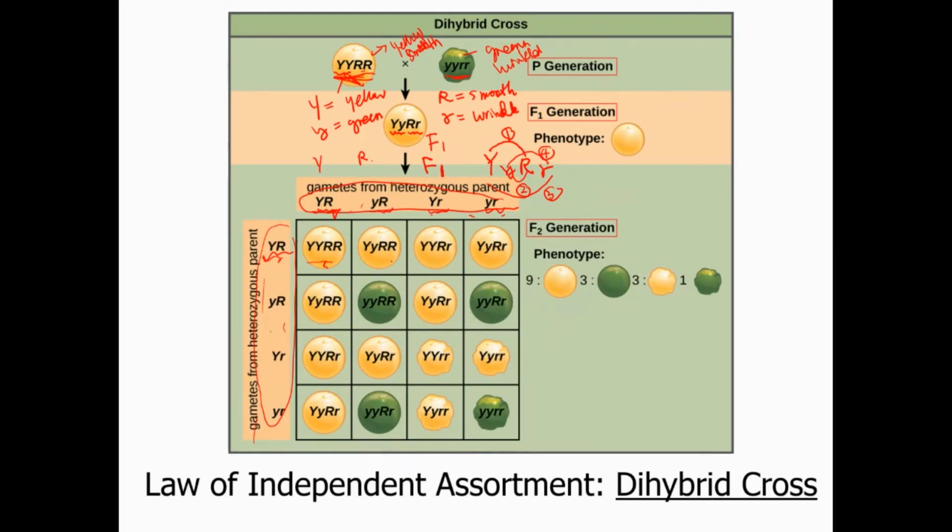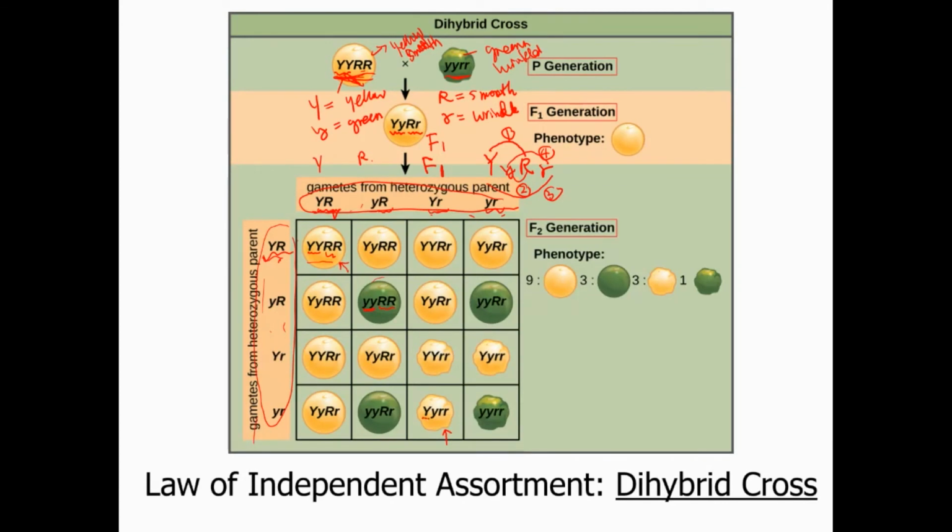So basically, they have already shown you. So over here, that means yellow and smooth, right? The seed is yellow and smooth. And over here, little y means green, right? So the seed is green, and big R, big R means the seed is smooth. So green, smooth.